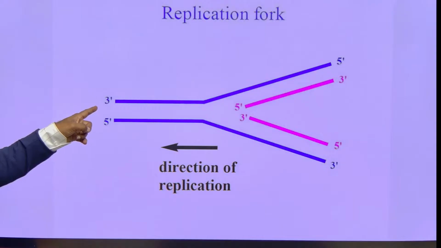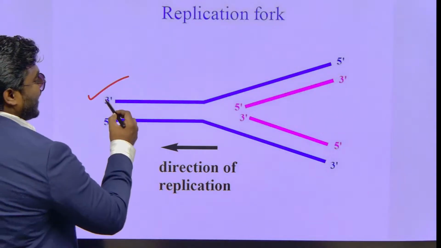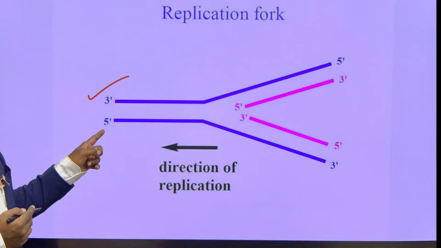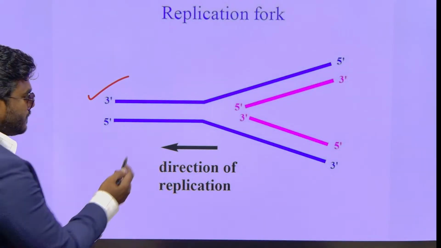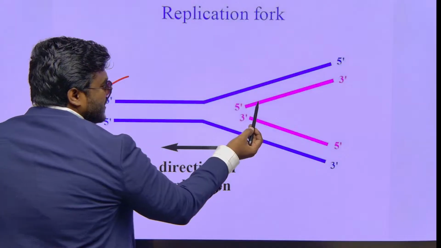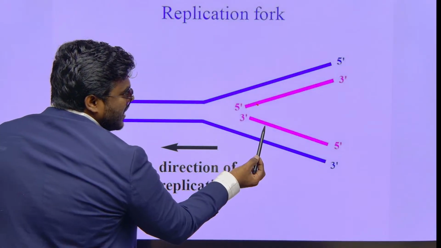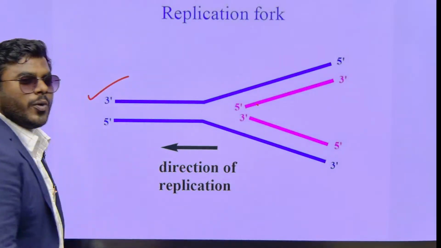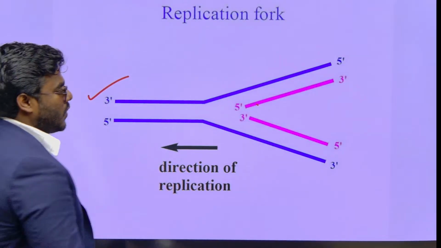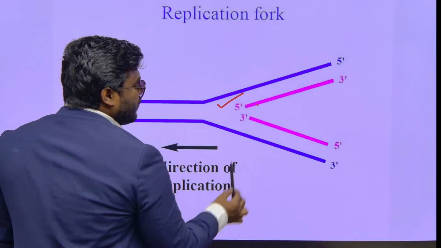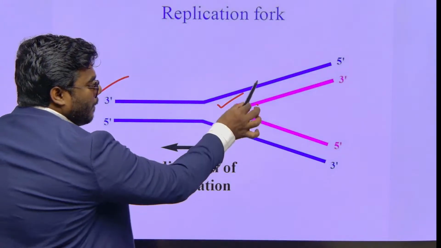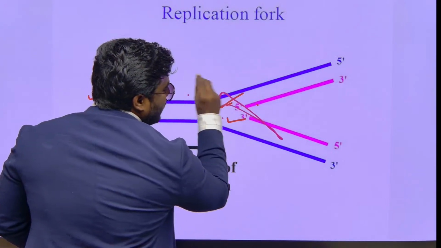Correct? See here, this is one parent strand in 3 prime to 5 prime, another strand in the 5 prime to 3 prime. So this is one daughter strand, this is another daughter strand, which are moving in completely opposite directions. So this will be one replication fork and this will be another replication fork, which is called a bidirectional replication fork.